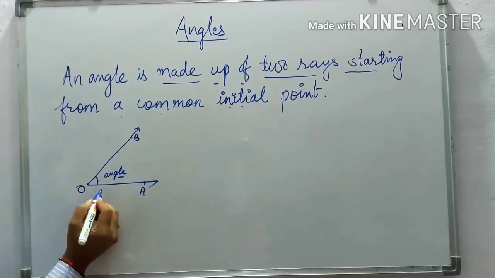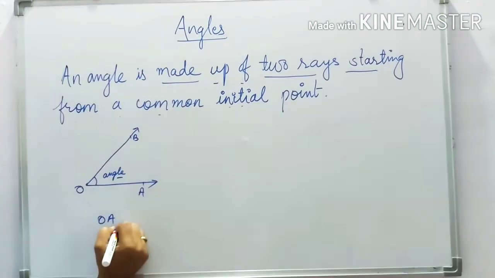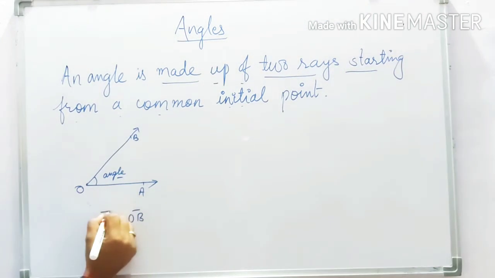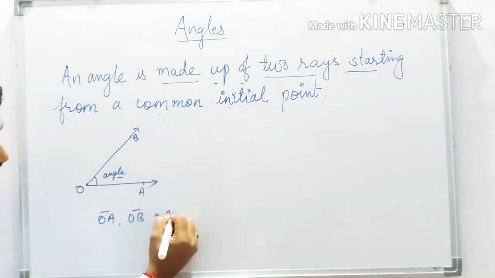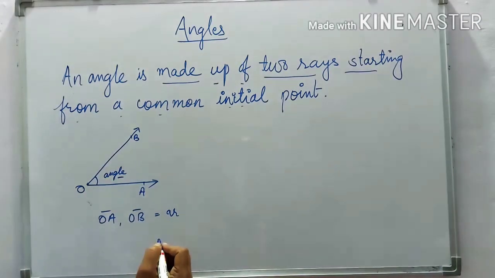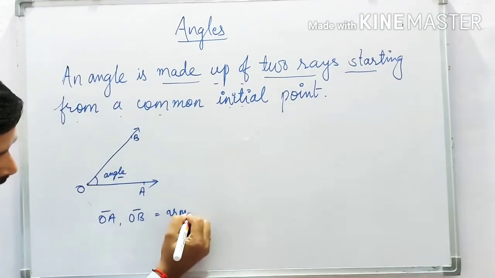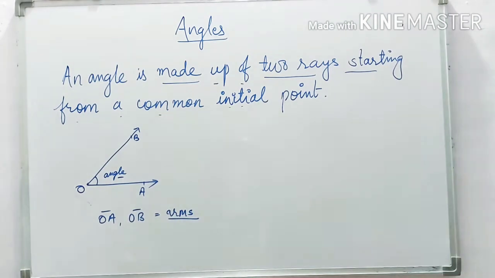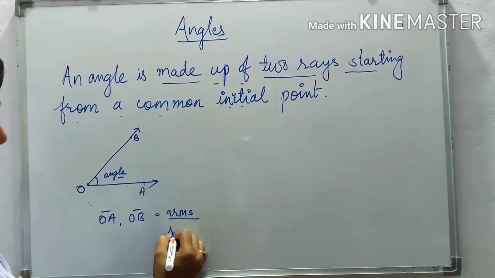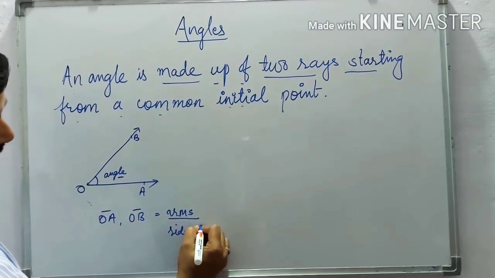OA and OB are called arms, the sides of the angle.